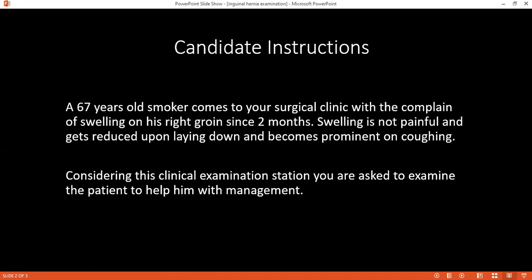So if you have read and understood the clinical examination statement, kindly begin.